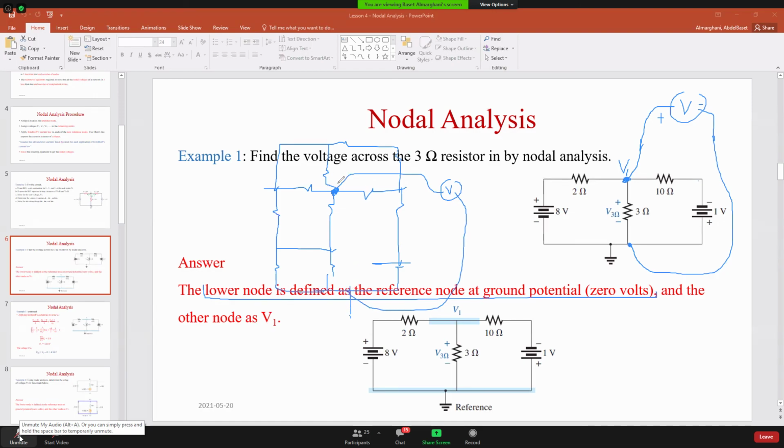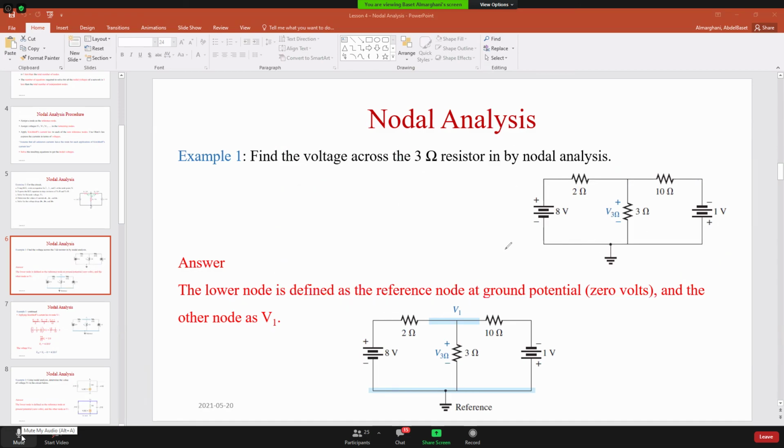So voltage at the point is always compared to the ground or a reference point. You can't measure a voltage at the point by itself. You can measure a voltage across an element like this. It's across. But at the point, you need a reference. This is why we have a reference point, and we assume it is 0 volt at the reference. And usually the reference is the ground, so the ground is always 0 volt.